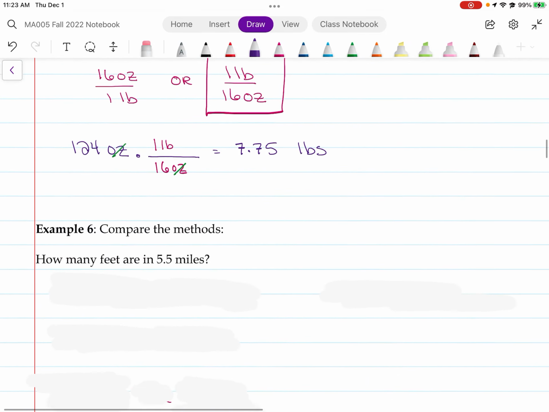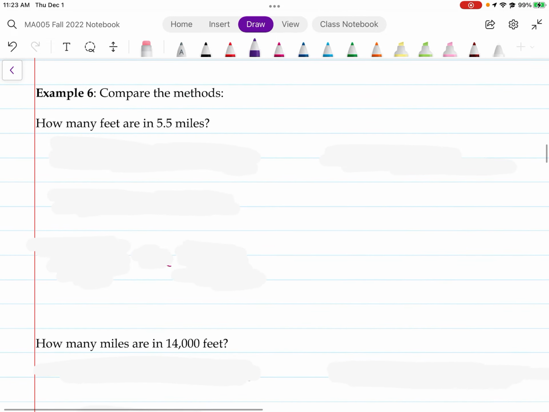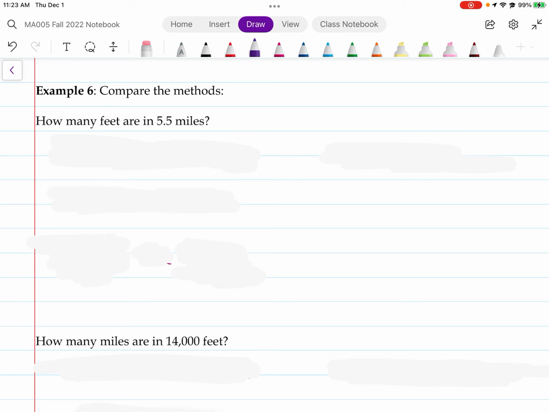All right, so let's compare the methods if we're going from feet to miles or miles to feet. I just want you to see how similar they are, but of course different. Going from 5.5 miles to feet, there's our plan. We have to find our conversion, and there are 5,280 feet in 1 mile.